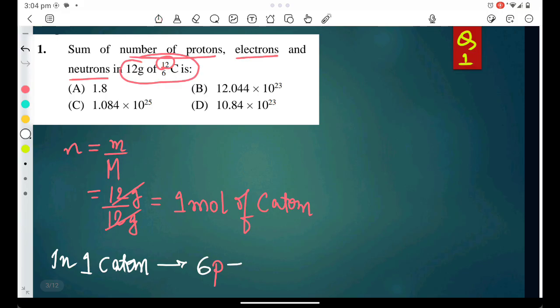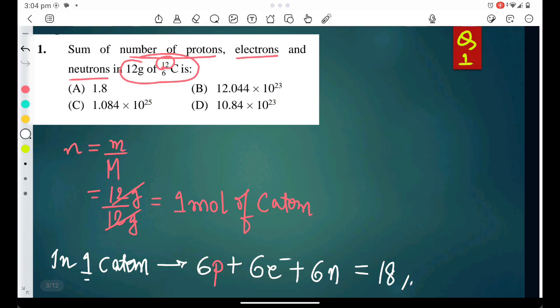Since it is a neutral atom, it has 6 electrons. And how do you get the number of neutrons? By subtracting the atomic number from the mass number: 12 minus 6, so you have 6 neutrons. What is the sum of all these? 6 times 3 is 18 entities. 18 subatomic particles are there in a carbon atom.